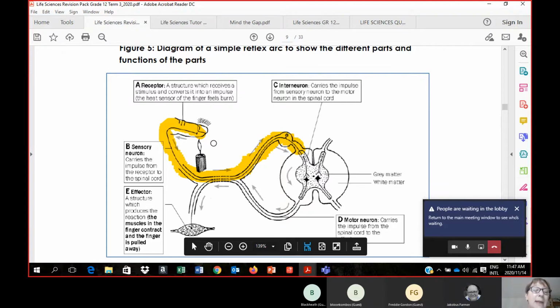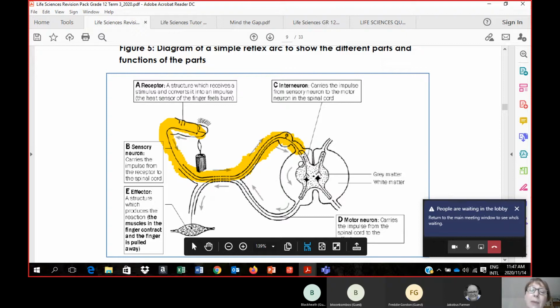You've got chemoreceptors in your tongue and in your nose, which are sensitive to chemicals. So you get different types of receptors. So a receptor basically receives a stimulus from the environment. And that stimulus could be light, it could be sound, it could be pressure or pain or heat or cold, right? So in this case, this would be a thermoreceptor.